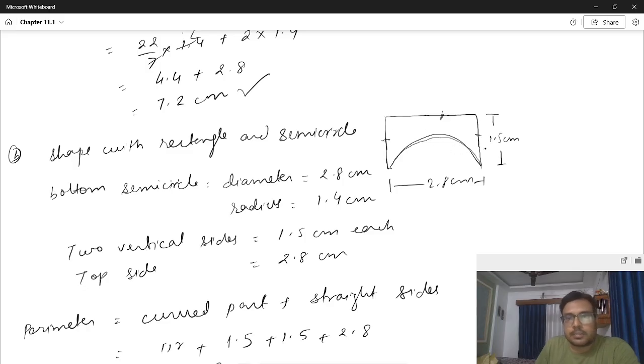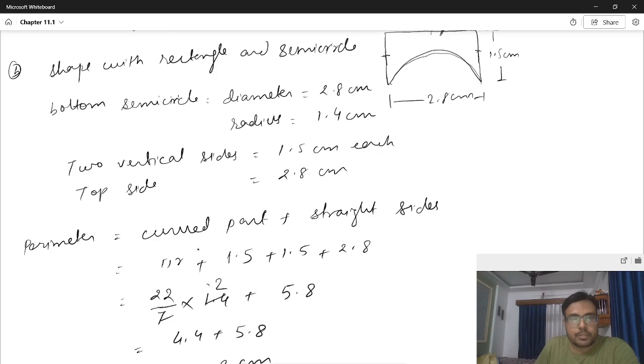This side is 1.5, two vertical sides. So the perimeter will be 1.5 plus 1.5 plus 2.8 plus pi r. I have written pi r plus 1.5 plus 1.5 plus 2.8.